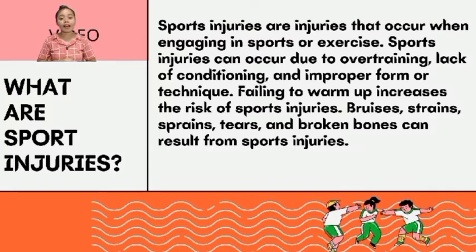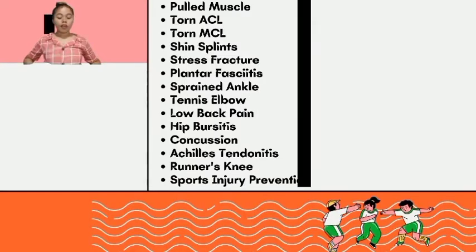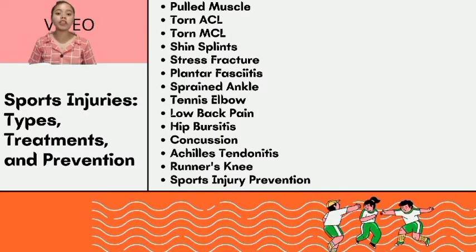Pero ito po ay nakakasama sa ating kalusugan and also to our muscles. And then lack of conditioning. Pag hindi po kondisyon ang ating katawan at tayo po ay sumabak na sa isang kompetisyon sa ating sports, ay maaari po tayong magka-injury.